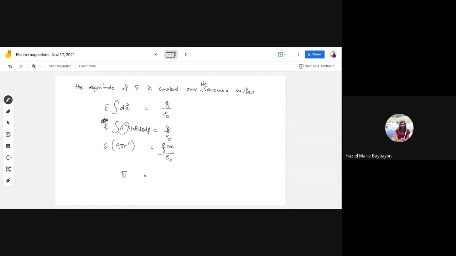So the magnitude of your electric field is equal to, we know already that the Q enclosed is just equal to Q, the total charge of the sphere. So we have here E is equal to Q over 4 pi R squared epsilon naught.